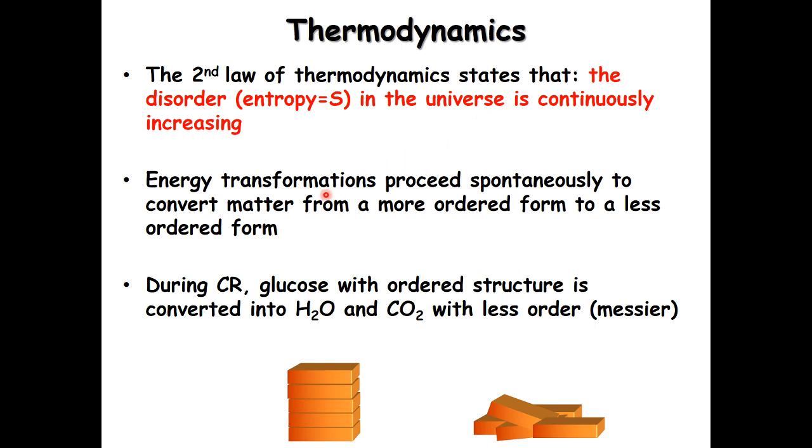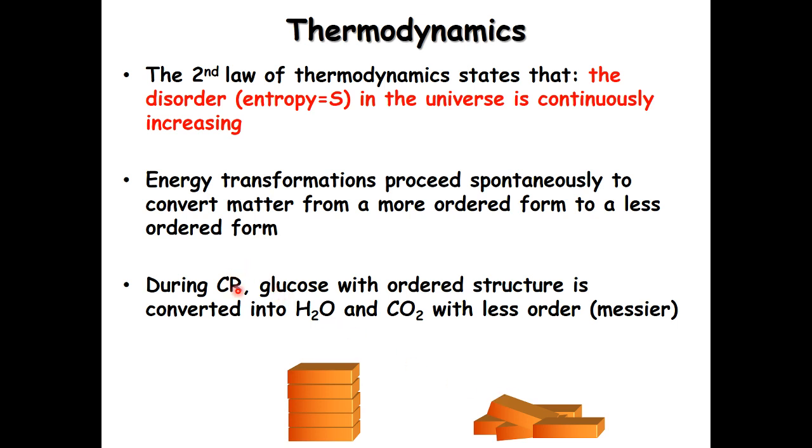They're saying that the energy transformations we talked about in the first law always proceed spontaneously to make matter less ordered. So in other words, this is order. The example is this: very nicely organized, right? The energy transformation always goes toward a more chaotic form of matter.